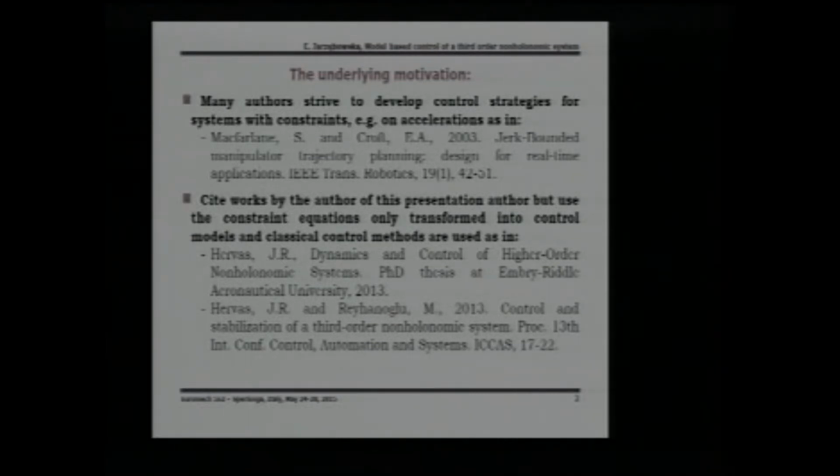It's a challenging problem and a problem of practical interest, because acceleration may lead to fast wear of the manipulators. Once you control manipulators smoothly, your actuators can live longer once you avoid rapid changes in accelerations, for example.